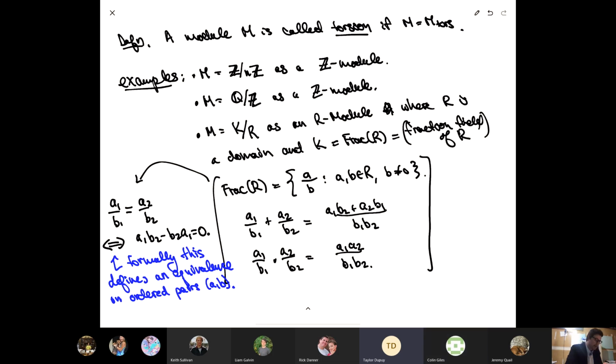Okay, so this is one example of what's called localization, which we'll get to pretty soon.